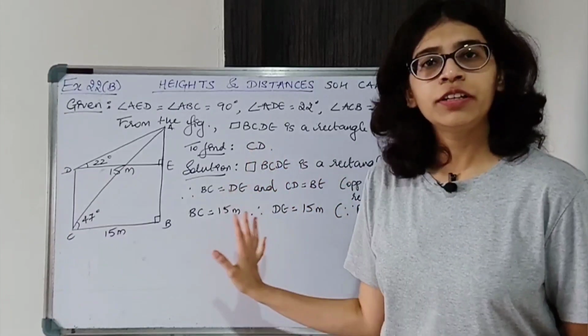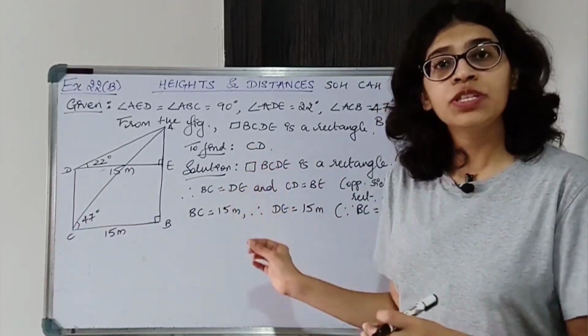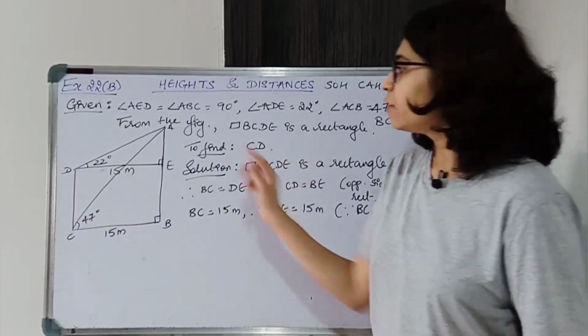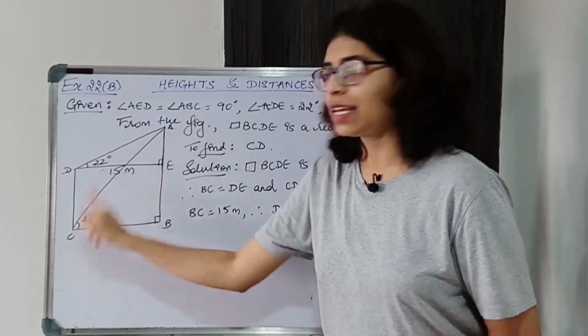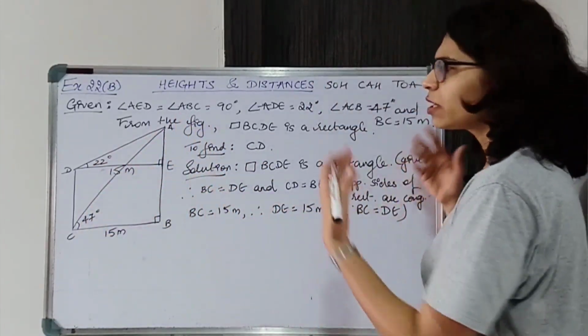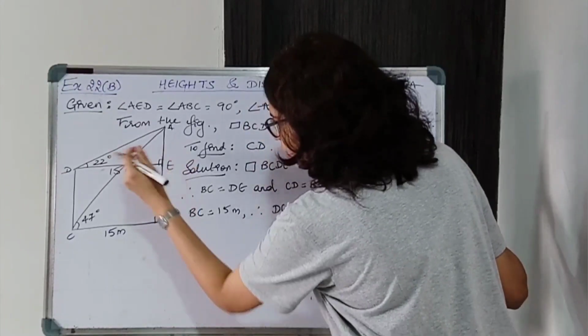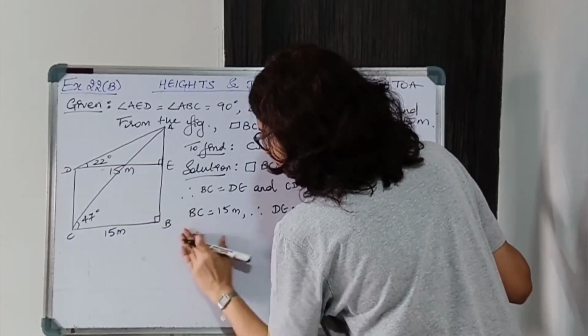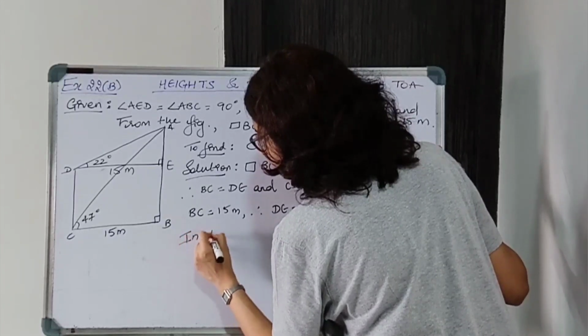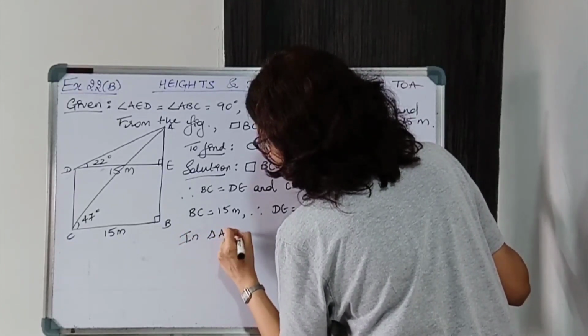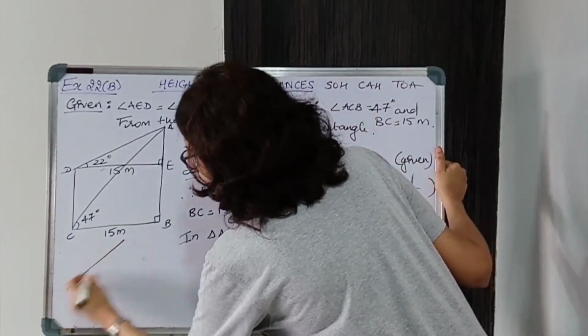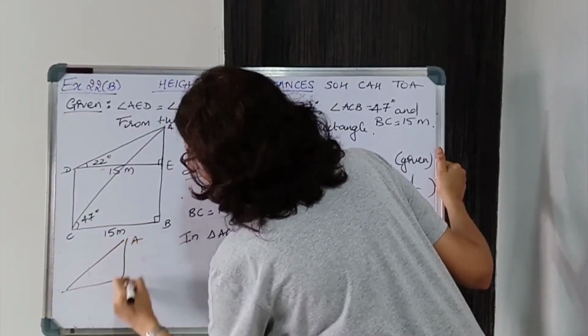Now we have all the information. Now we'll be using two triangles. One is AED and another one is ABC. So consider any one of the two. Now I am considering triangle AED first. In triangle AED, let's draw this separately.